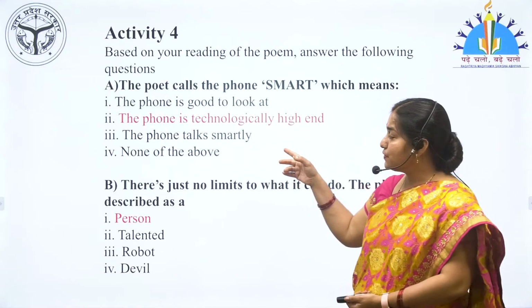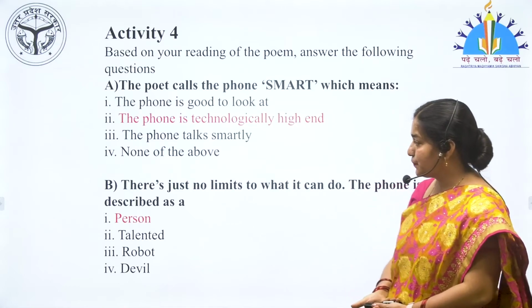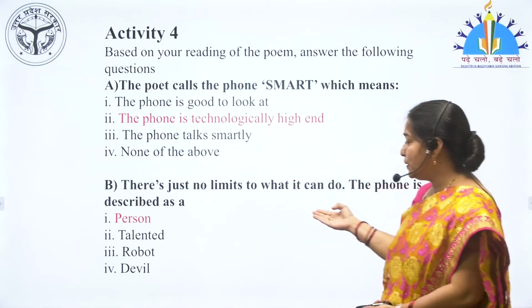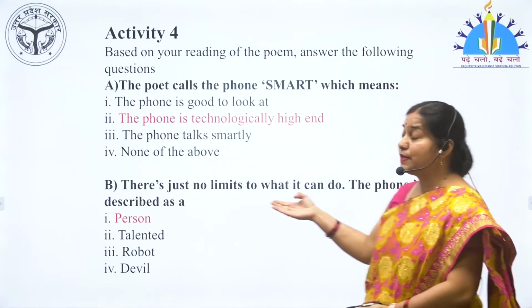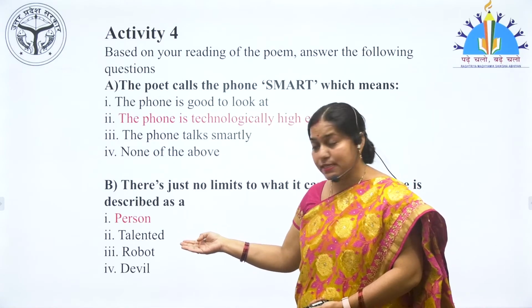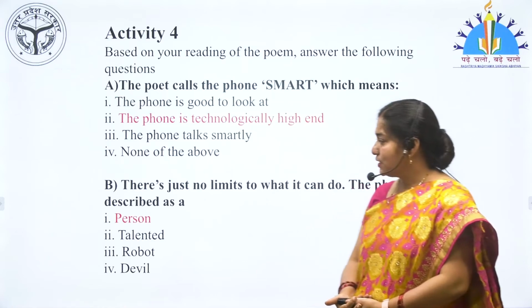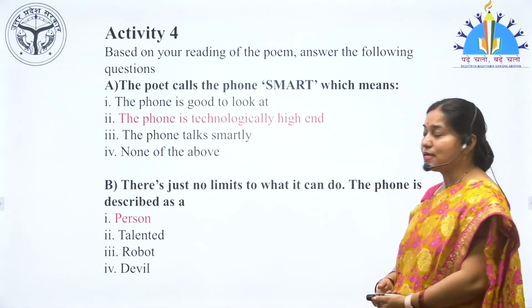The correct answer of this question is the phone is technologically high-end. Question number B. There is just no limits to what it can do. The phone is described as a person, talented, robot, or devil. The correct answer is person. The phone is described as a person.